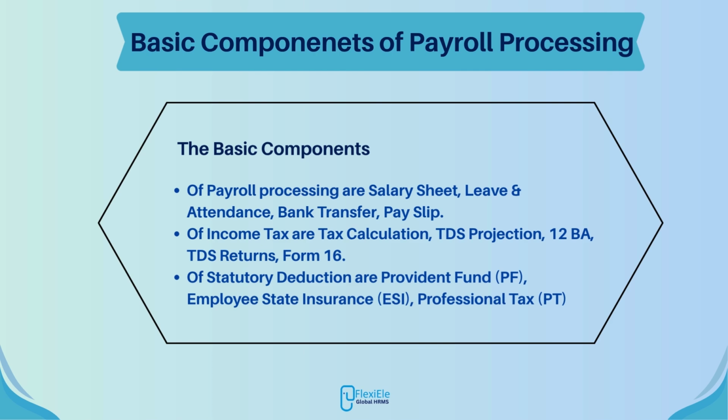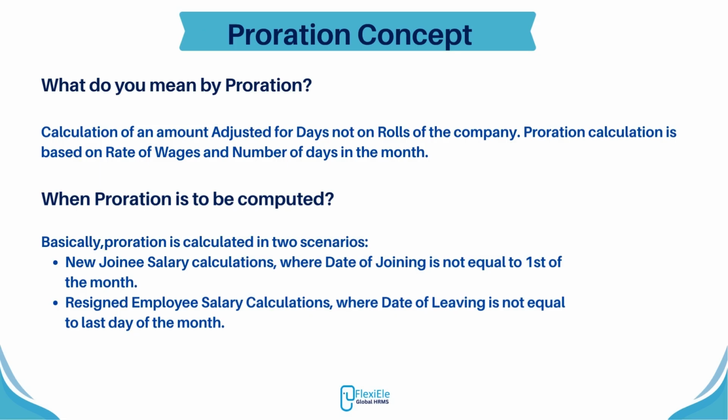Proration might sound like payroll jargon, but it's really just about being fair when someone doesn't work the full month in the company's role. If you're a new joinee starting mid-month or wrapping up a final day before the month end, your salary isn't calculated the same way as someone who's there all month.